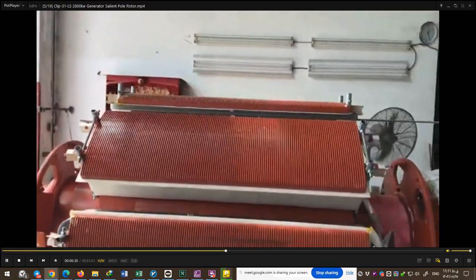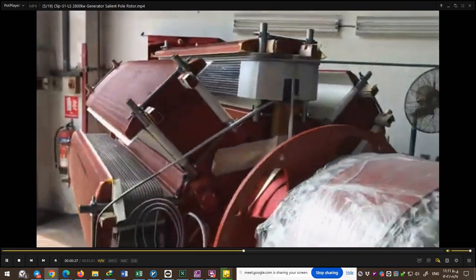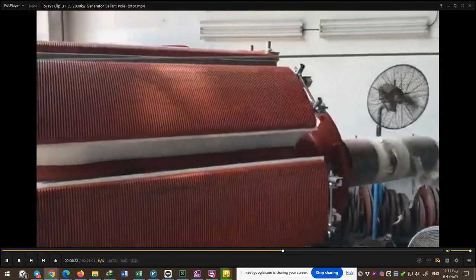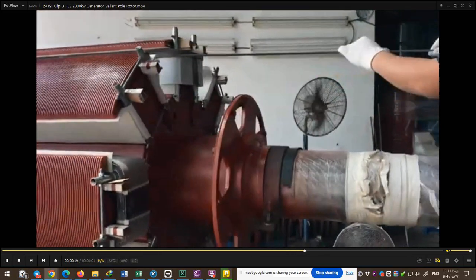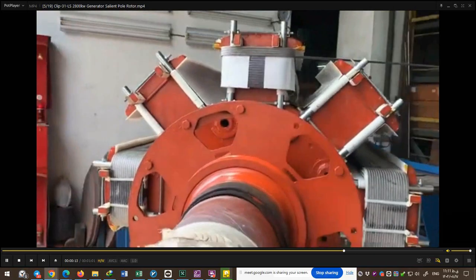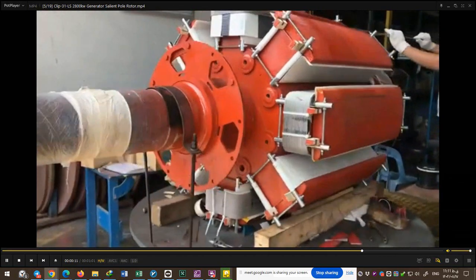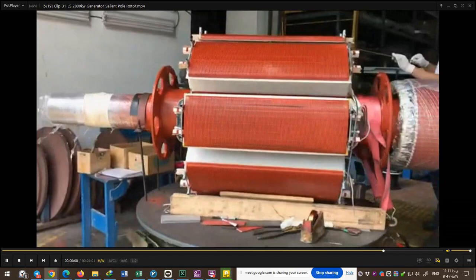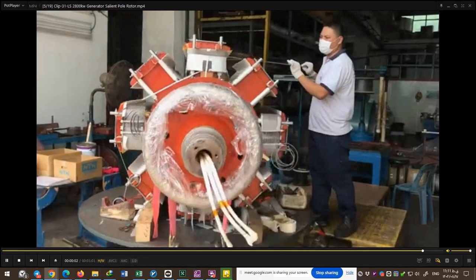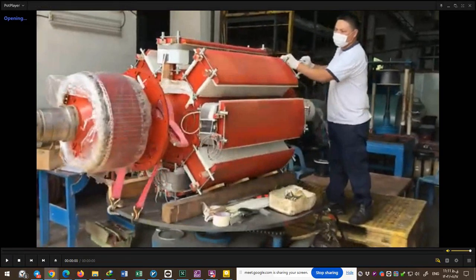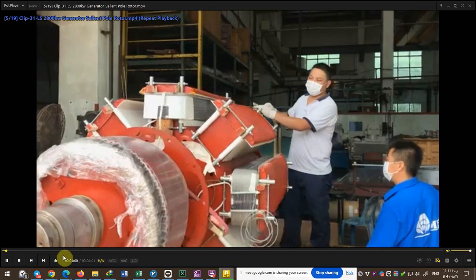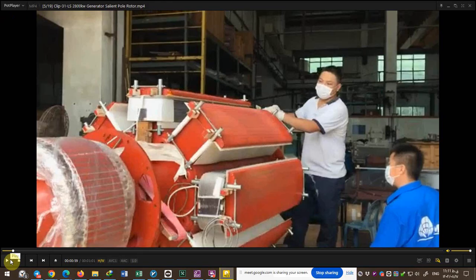And in this clip, you can see the rotor, where the wiring process is done, and the wiring of the rotor makes an excitation circuit.